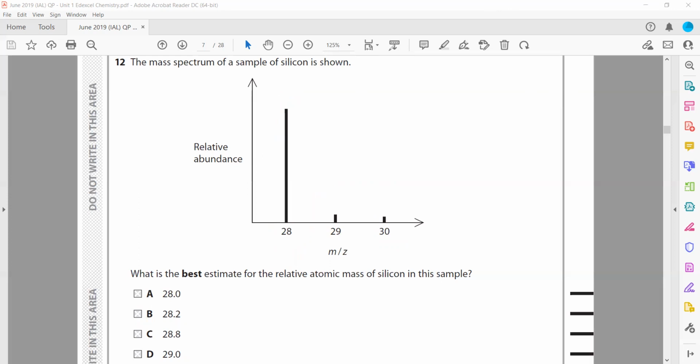And in the same question, if the 30 was more than 28, then the average would be closer to 30.